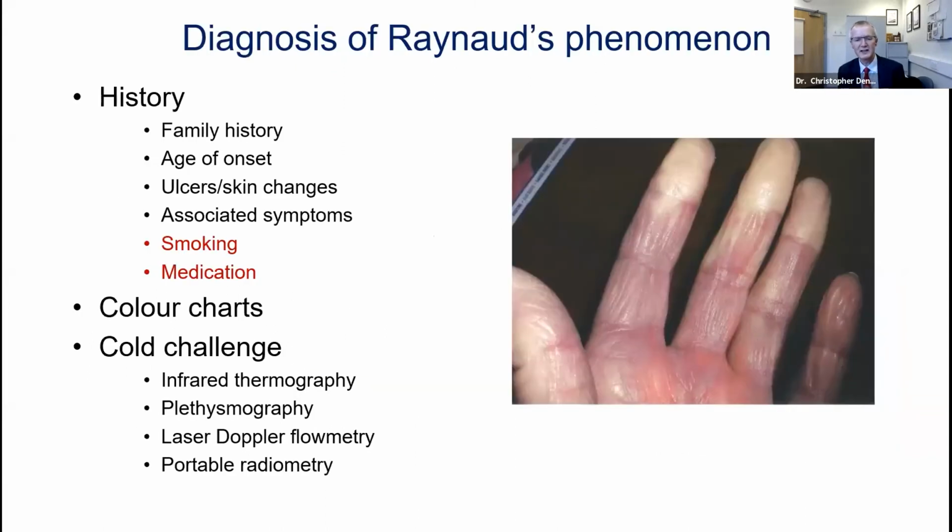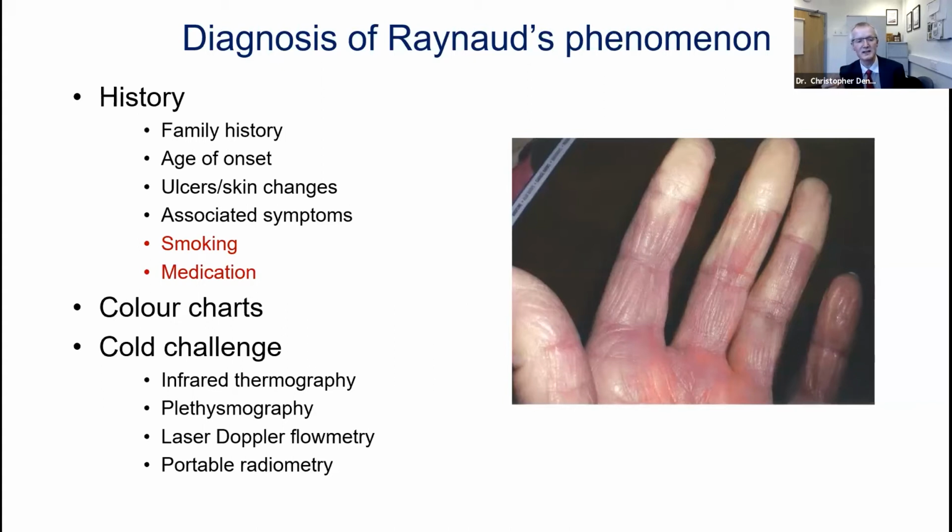So when we're trying to diagnose Raynaud's, it is important to take a good history, first of all, and there are a number of things in the history that can help you to discriminate whether a patient might be likely to have primary or secondary Raynaud's. We would always ask whether a patient might have a family history of Raynaud's phenomenon, because primary Raynaud's particularly tends to run in the family. Particularly in female relatives, you are reassured, if you like, when you hear that a patient has a number of people in the family with the same symptoms.